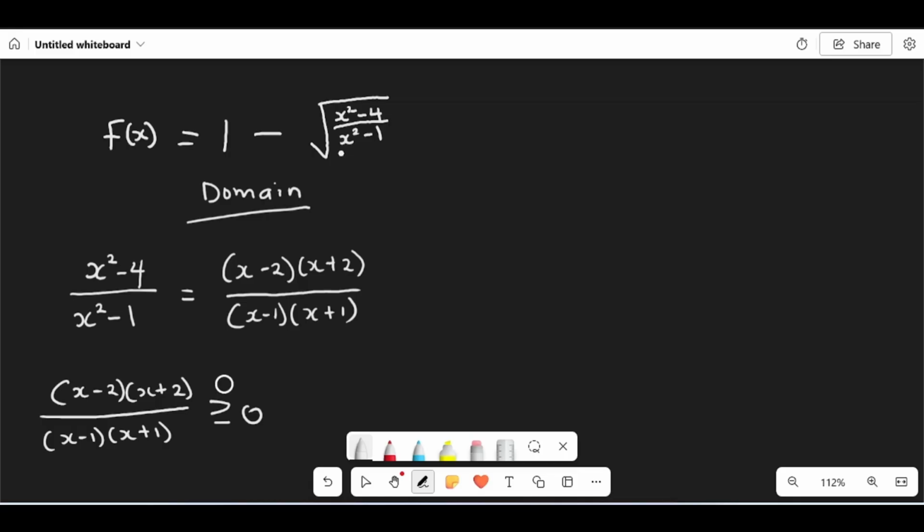Find the critical points. For us to find the critical points, we have to set the numerator and the denominator equal to 0.